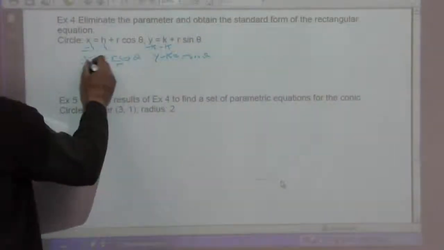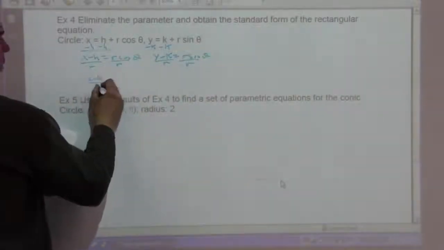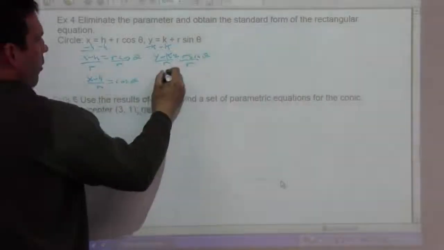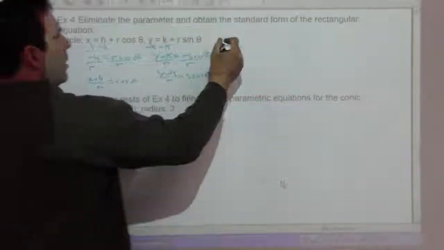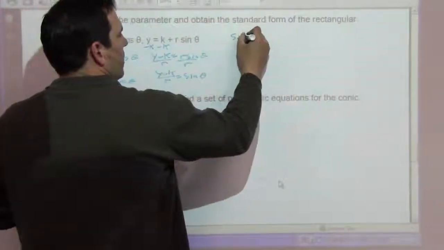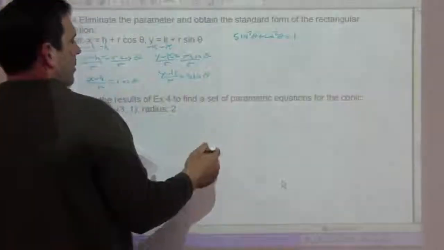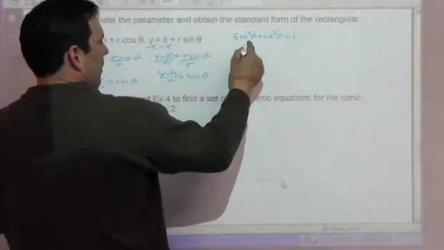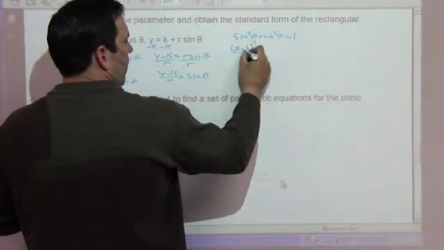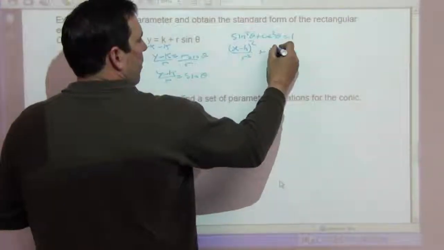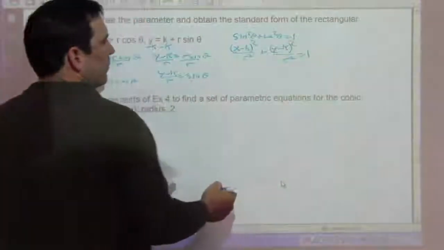We can divide by r in both cases: x minus h over r equals cosine theta, y minus k over r equals sine theta. We know that cosine squared theta plus sine squared theta equals 1. So x minus h squared over r squared plus y minus k squared over r squared is 1.